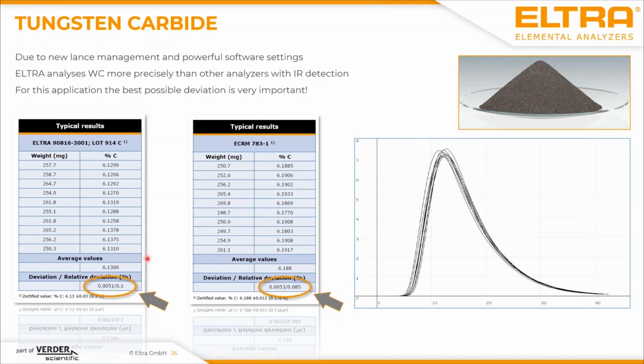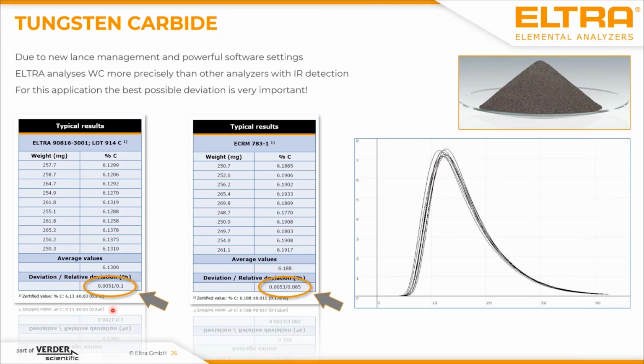It's 6.14% in theory, but during sintering we get different stages, different amounts of carbon, and it is quite important to distinguish here between 1.2 and 1.3 and 1.4%.